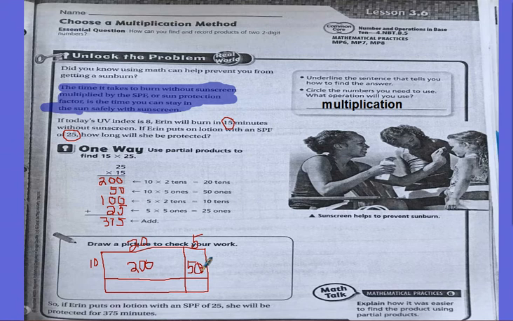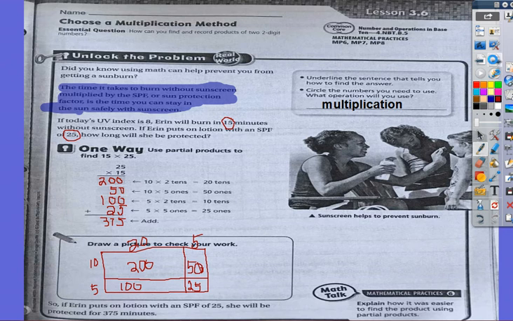Then I took 20 times 5, and I got 100. And then I took 5 times 5, which was 25. If you add up all these numbers together, you would get 375. So, if Erin puts on lotion with an SPF of 25, she will be protected for 375 minutes. Alright, let's go to the next page.